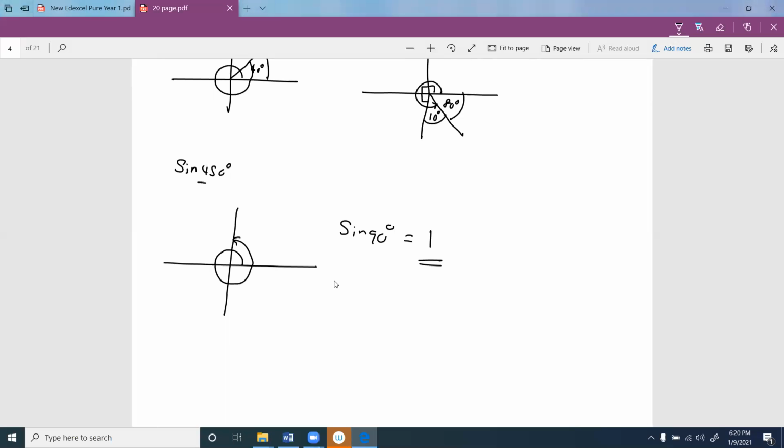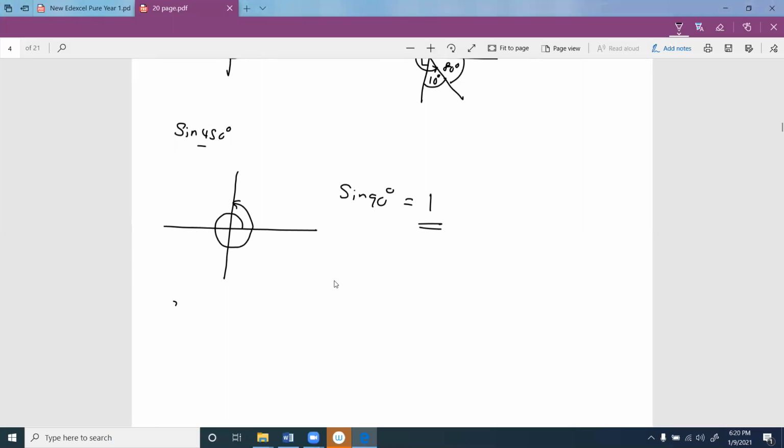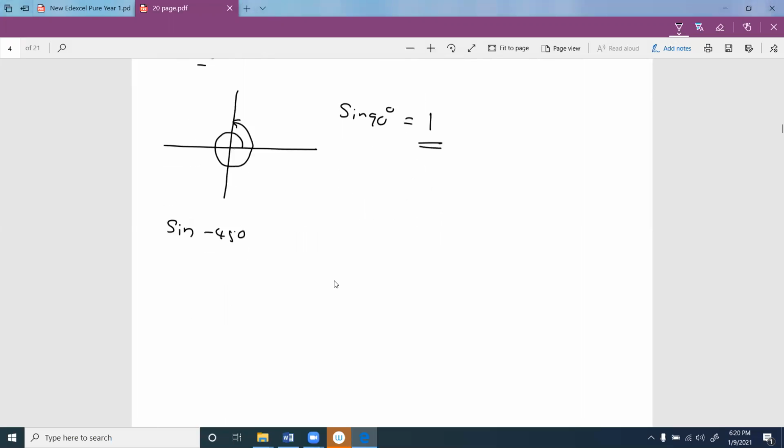Yeah. Then if you need to get sine minus 450, that means you are going the other way around. Let's go ahead with this. Okay. If you come over here like this, 0, minus 90, minus 180, minus 270, minus 360, minus 450.